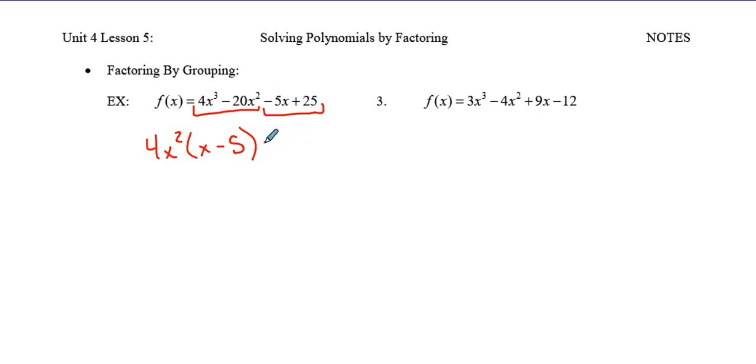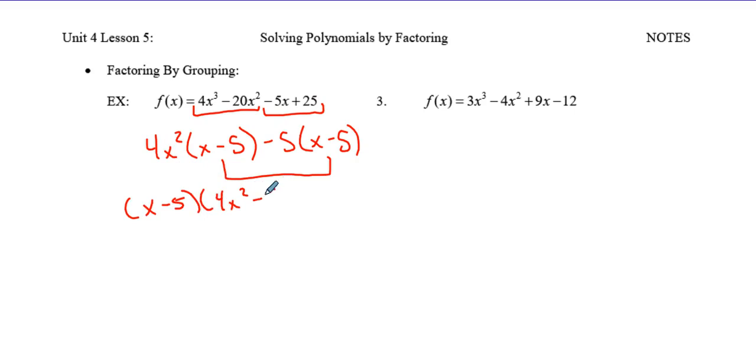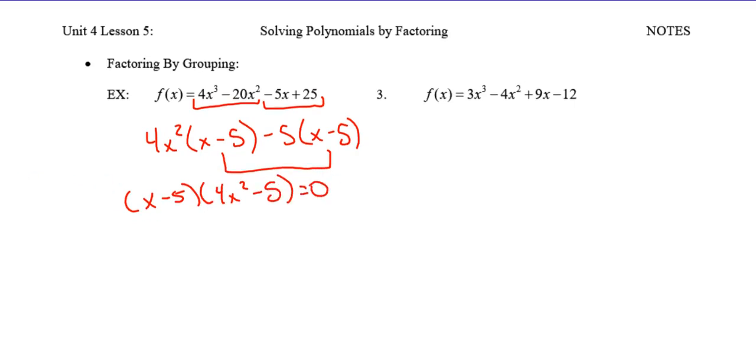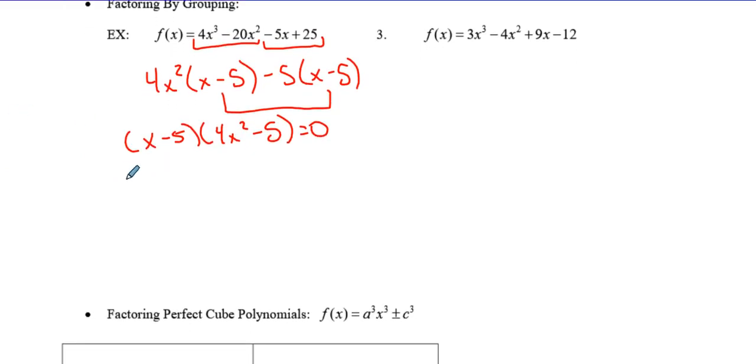I see a GCF of negative 5, which leaves me with x minus 5. Now, these two are common, so x minus 5, and that leaves me with 4x squared minus 5. Set it equal to 0, and solve from there.